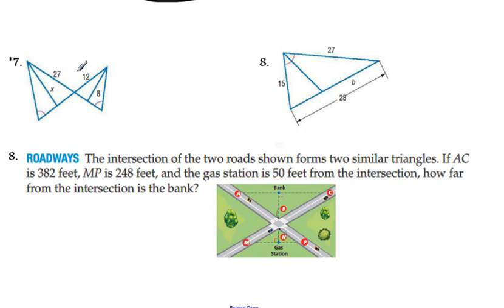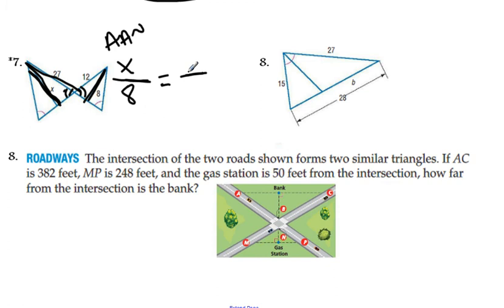Number 7, once again, you do have similar triangles because these angles are vertical angles. So by the angle-angle similarity, you have two similar triangles. And because these triangles are similar, we're going to use a proportion to set up their corresponding sides and solve for x. Well, this is x, which will correspond with 8, and then 27 corresponds with 12.